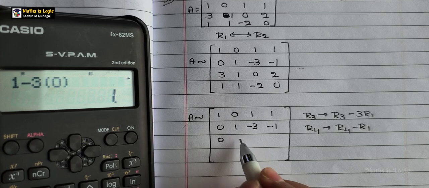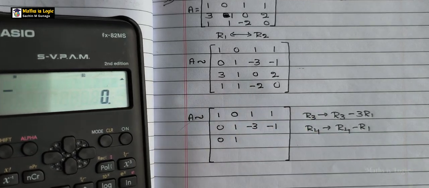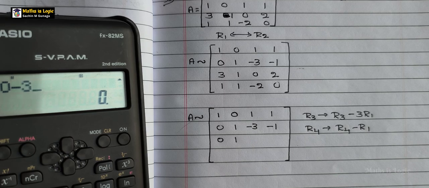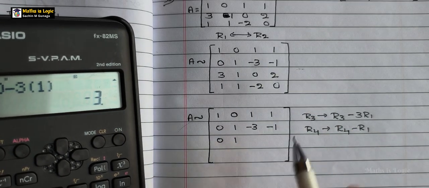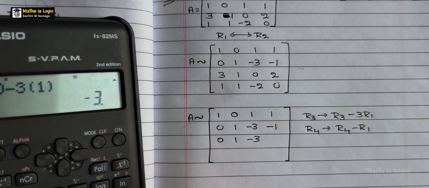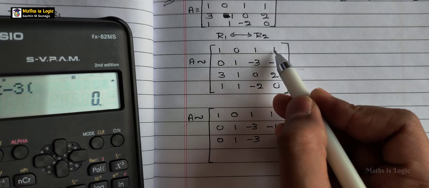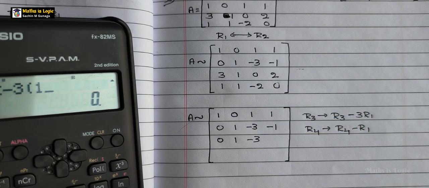So right here 1. Next R3 is 0. 0 minus 3 times 1 is minus 3. And next R3 is 2.